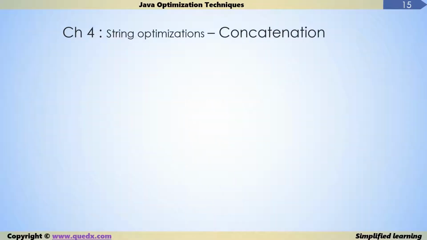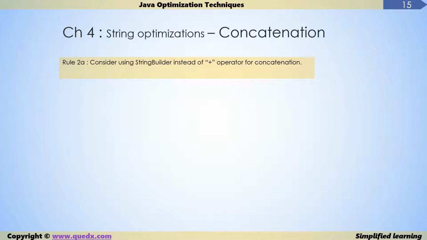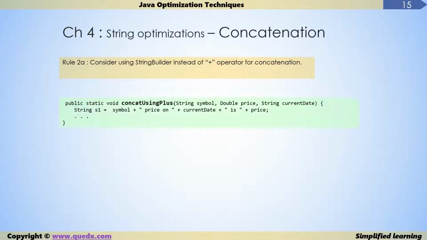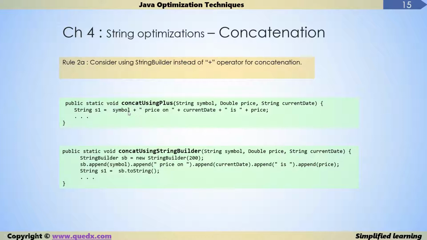Let's look at string optimization in regards to concatenation. So this rule says that we can use StringBuilder instead of using a plus operator for concatenation. Let's understand this with two examples. In the first case, we are trying to concat the original string with certain piece of information. So in this case, we are doing symbol plus price plus current date.